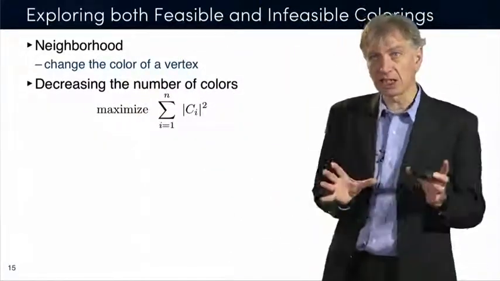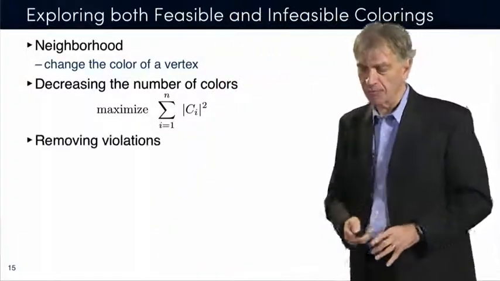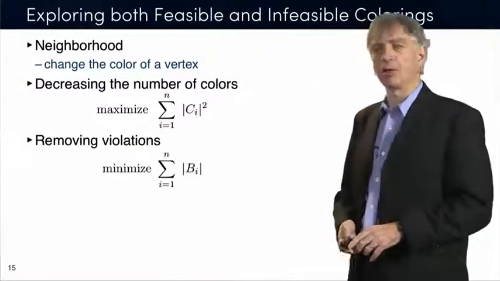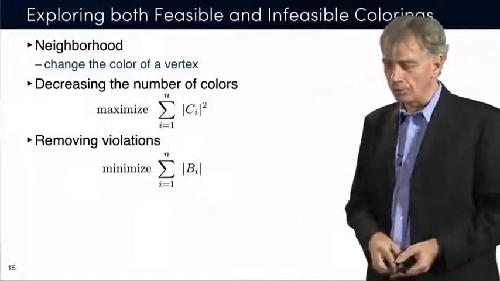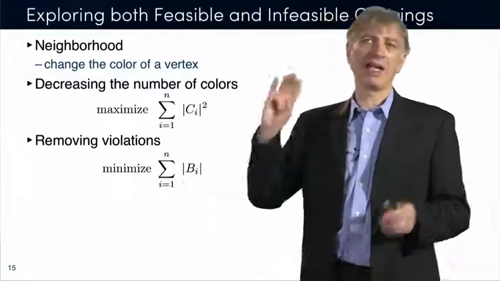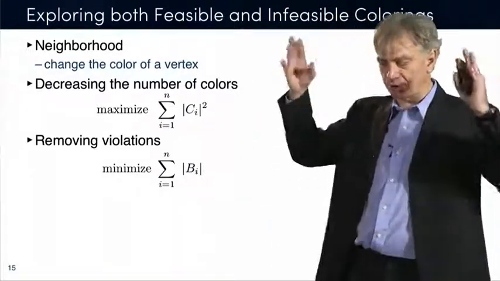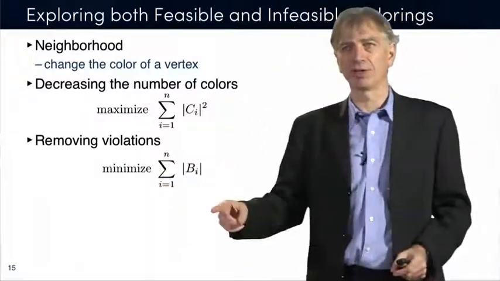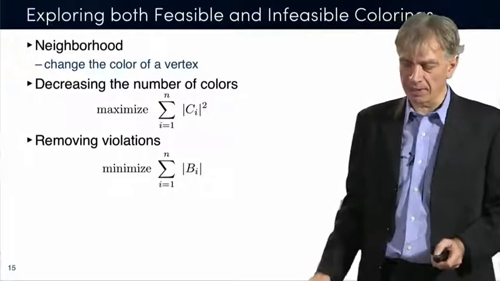So that basically drives me towards coloring with very few colors. And then I have to remove the violation, and the violation can be expressed very simply. What I want to do is to minimize the sum of the sizes of the sets of bad edges. And that's what you see over there. So what I have to do is maximize this, minimize this, and I can combine these two.